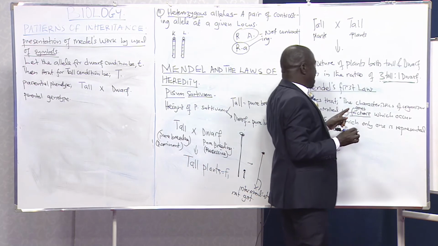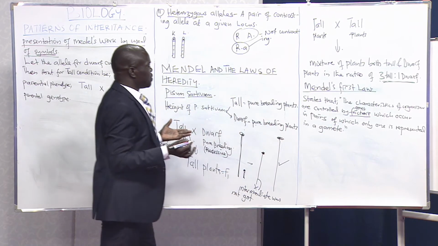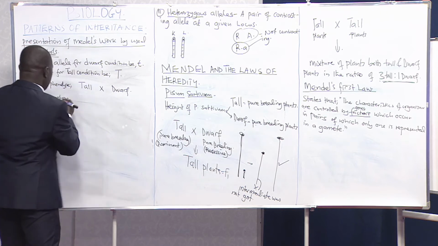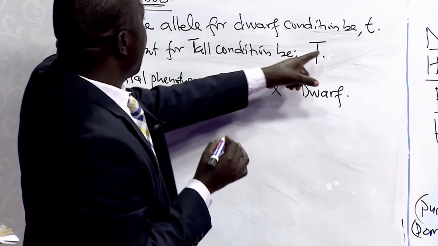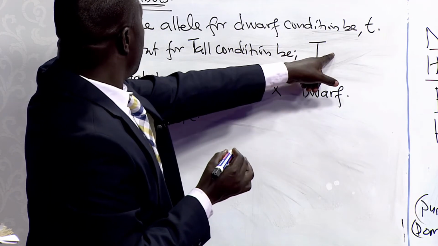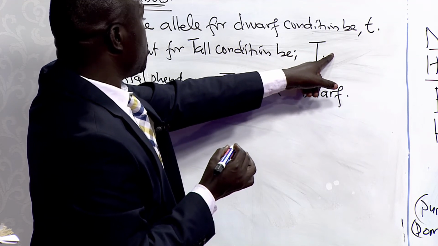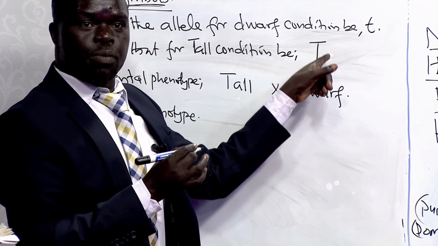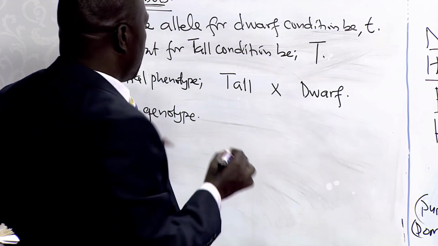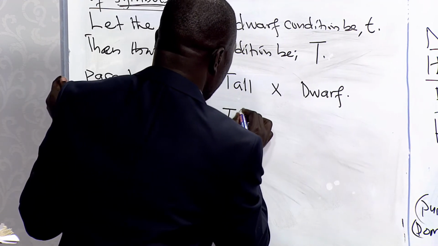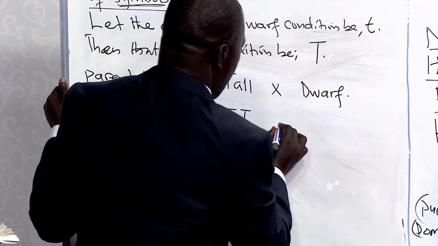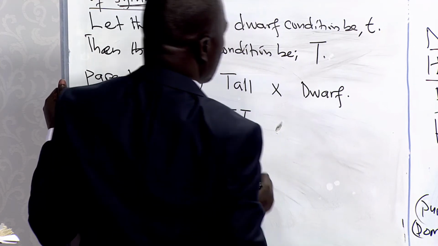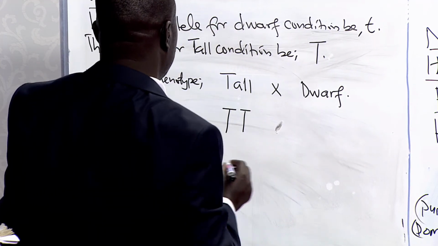And if the genes are the alternative form, they are alleles. So the alleles controlling this must operate in pair. We said the allele is supposed to be a capital T, but they are supposed to occur in pair. So we are going to have capital T and capital T. There is no crossing here; we have done it the first time there.